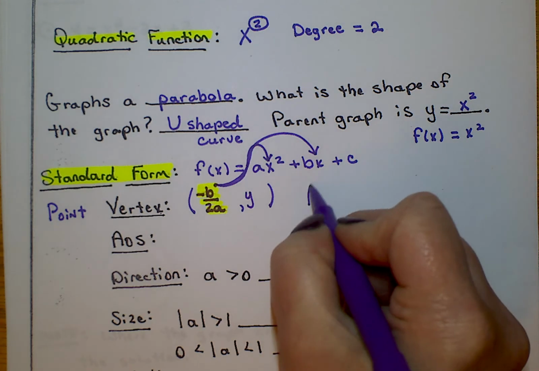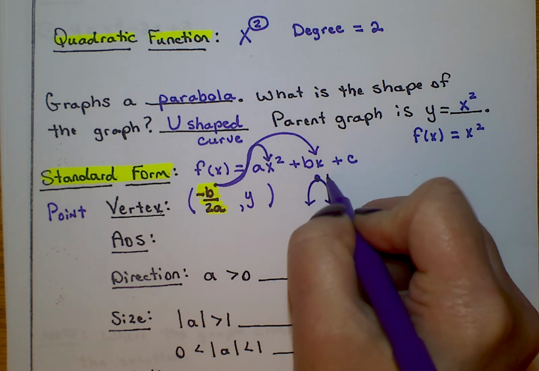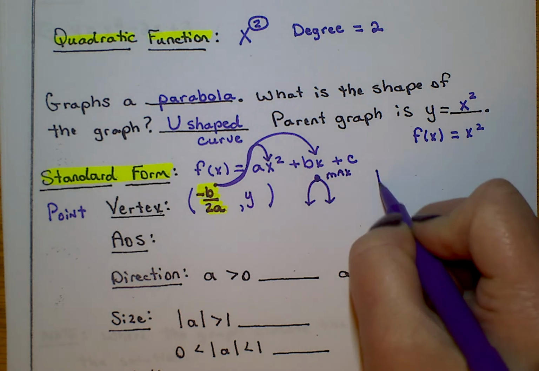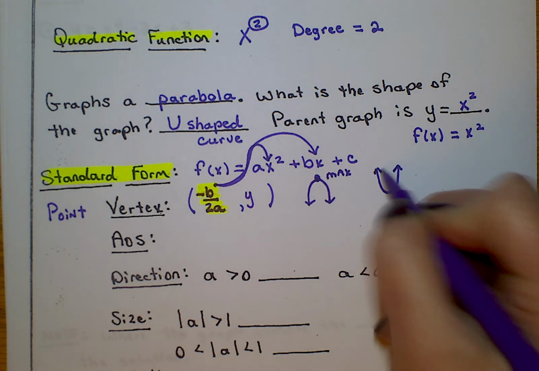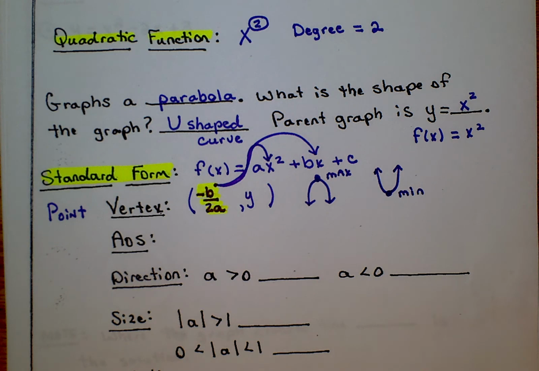Now recall that if the parabola opens down, your vertex is going to be the maximum point. If the parabola opens up, your vertex is going to be the minimum point. So you're going to have an ordered pair with that vertex.